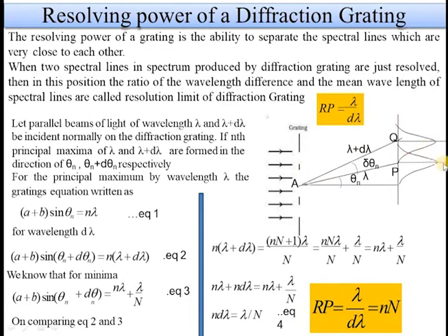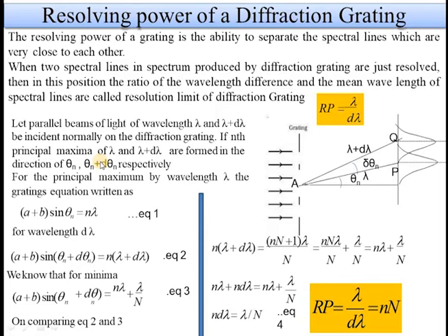Some sort of spectrum is generated here. If the nth principal maximum of the light of wavelength lambda and lambda plus d lambda are formed in the direction, the angle of diffraction for lambda is theta n, and for lambda plus d lambda is theta plus d theta n respectively.